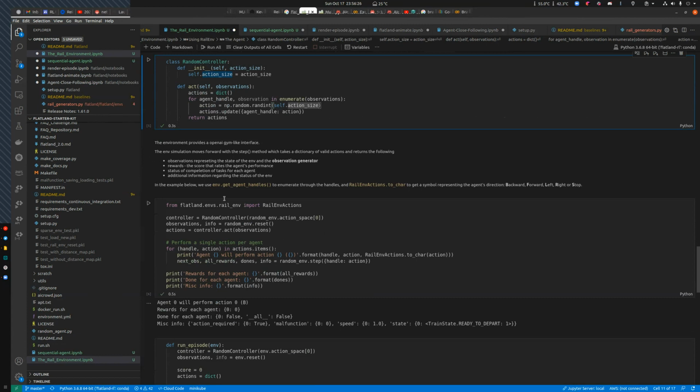This defines the environment.get_agent_handles, like get agent handles. This is totally like OpenAI's gym. It's constructed to feel like that. So this is a single action per agent.